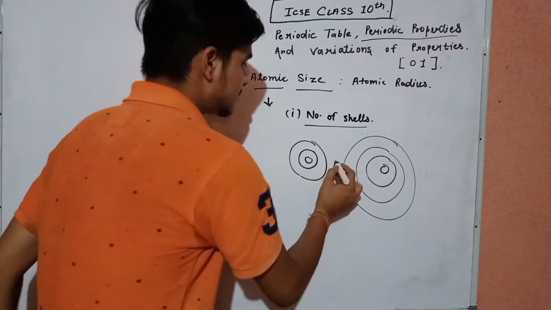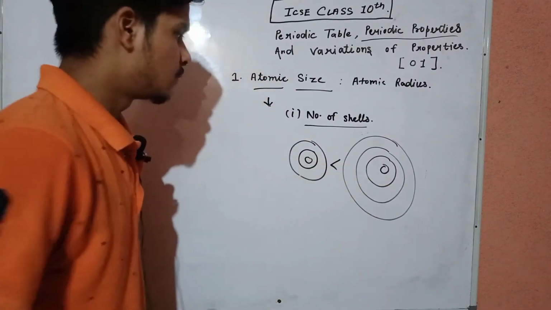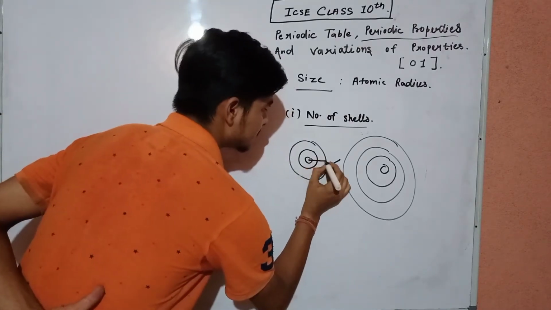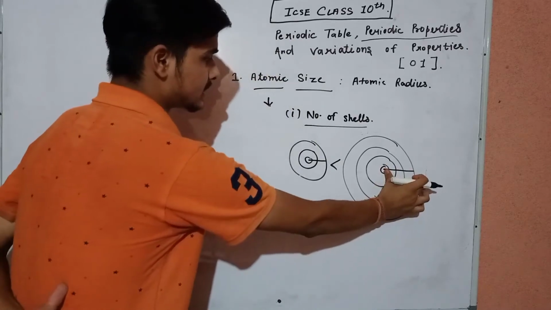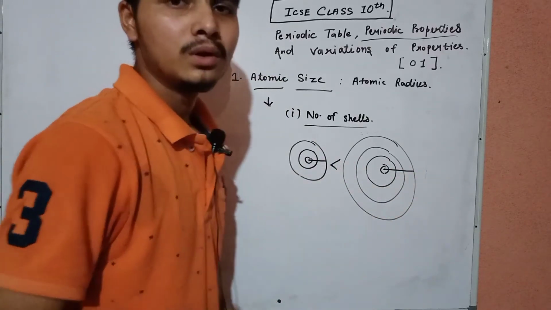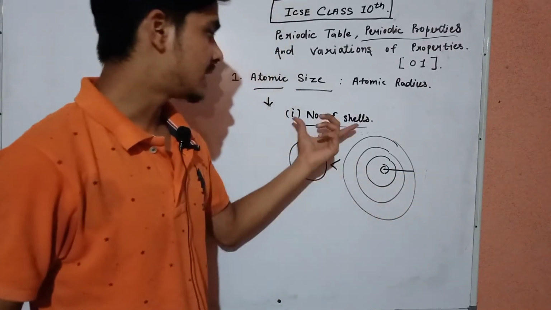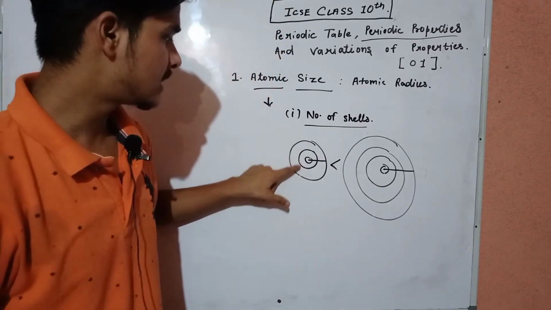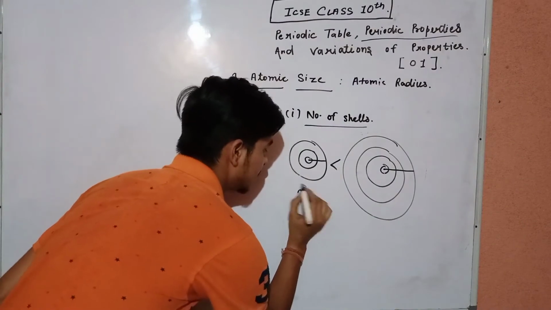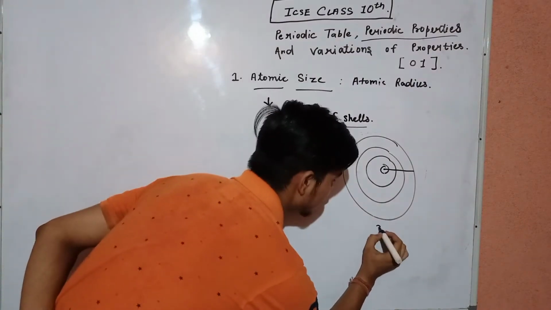Obviously the one with 3 shells is bigger, because its atomic radius is bigger. Now what is the concept behind the number of shells? Here are 2 shells in this atom, and here are 3 shells.